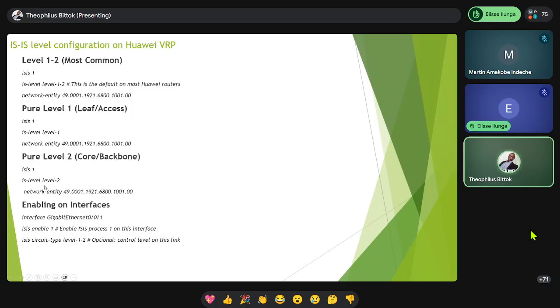If it's level 2, specify it as level 2. You can also do it on the interface level. After you go to the interface configuration, you mention the circuit type, that is, you either say level 1, level 2, or level 1-2. So that's basically how you configure your levels on Huawei VRP.